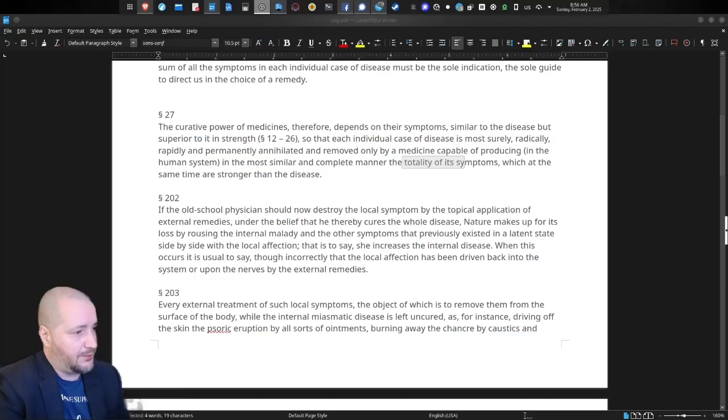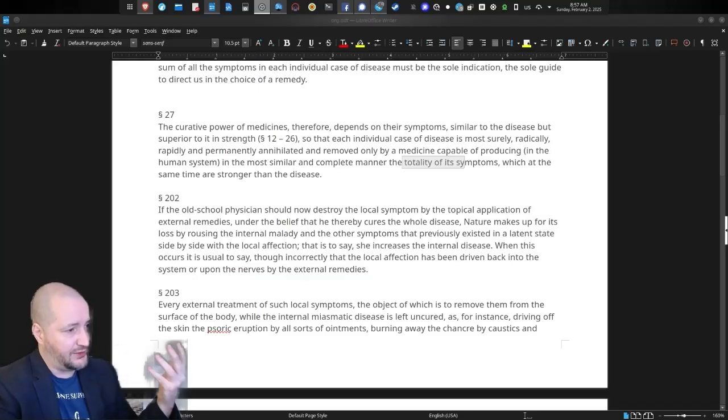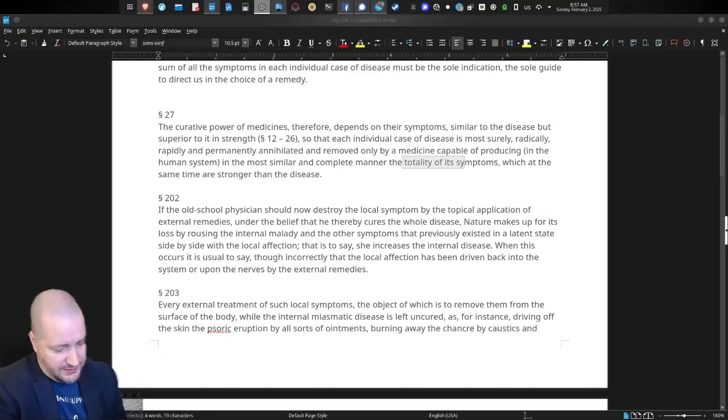So if you're not a homeopath, who are the people who ignore the basic rules of homeopathy laid down by the founder? Well, there are many factions in homeopathy, and people who want to reform homeopathy and renew it and make it into a new science, more enlightened or something.